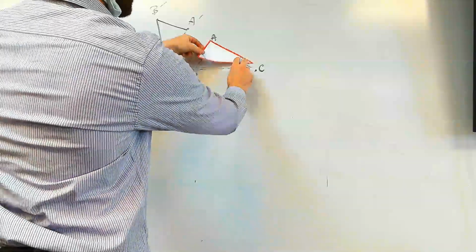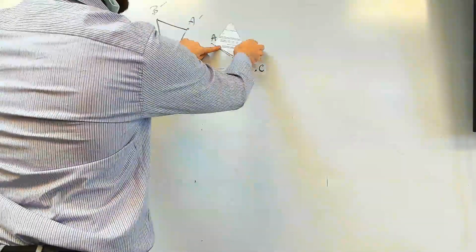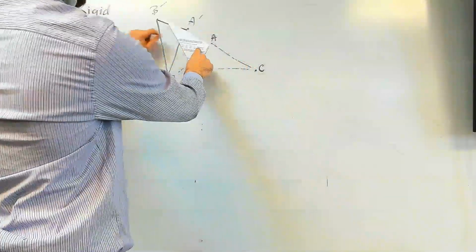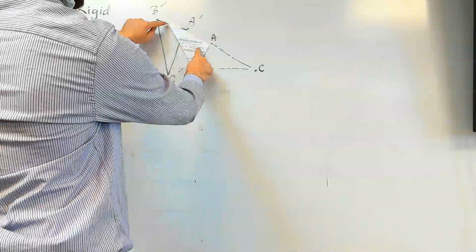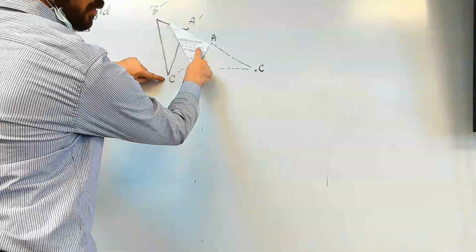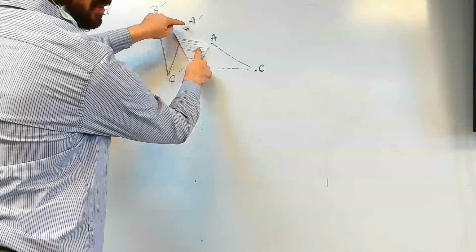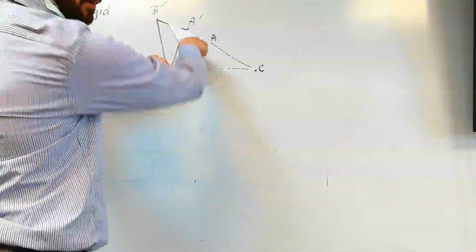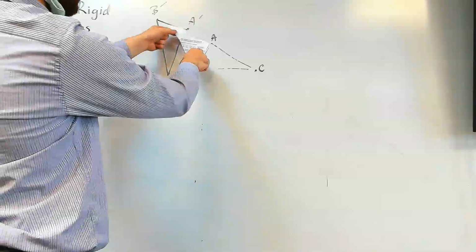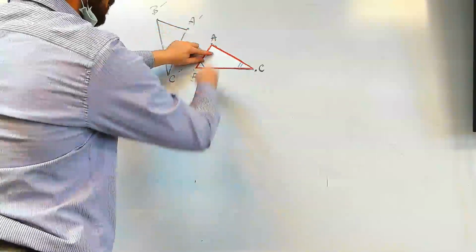If we reflect across AC, that doesn't get us anywhere. And then the last one, reflect across AB. Point C is very far from C prime. Point A, nowhere near A prime. And point B, down here, is nowhere near B prime. So, reflection won't work.